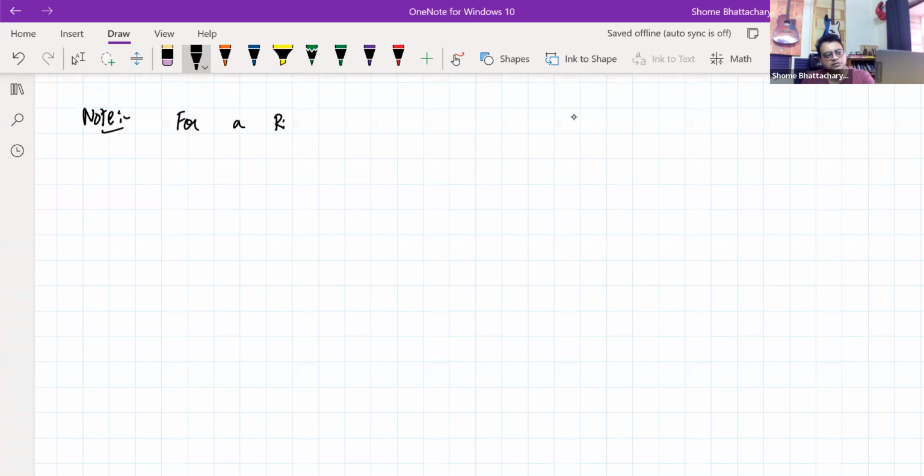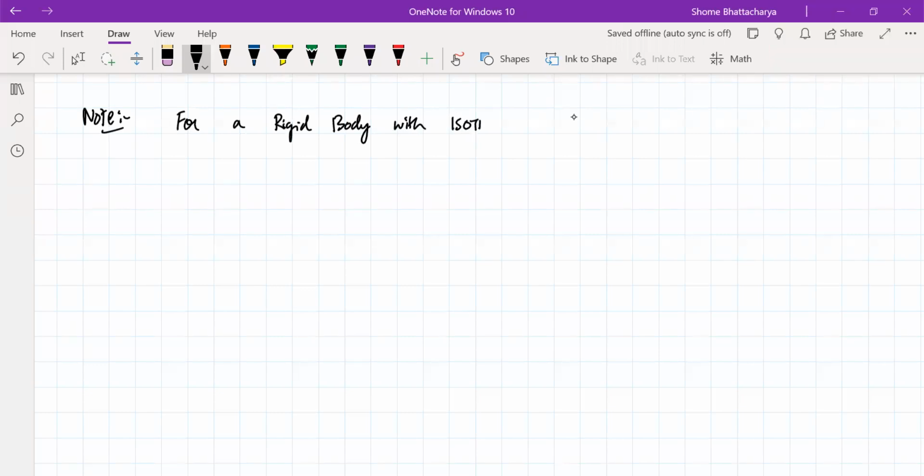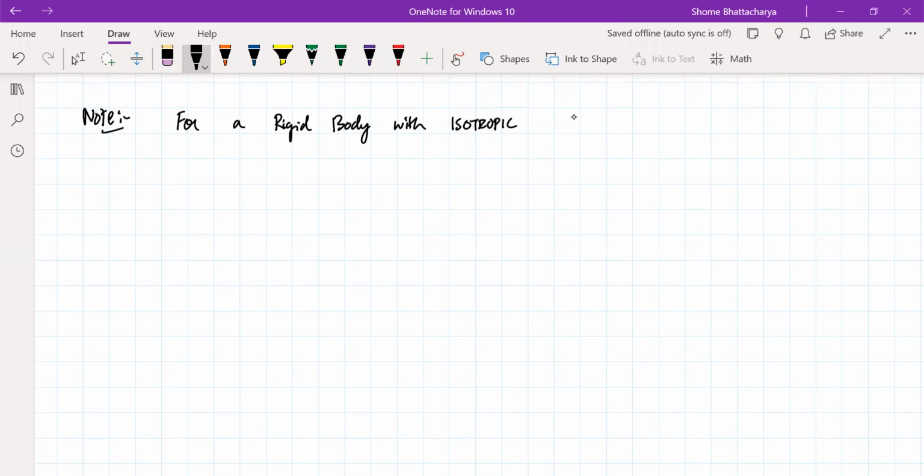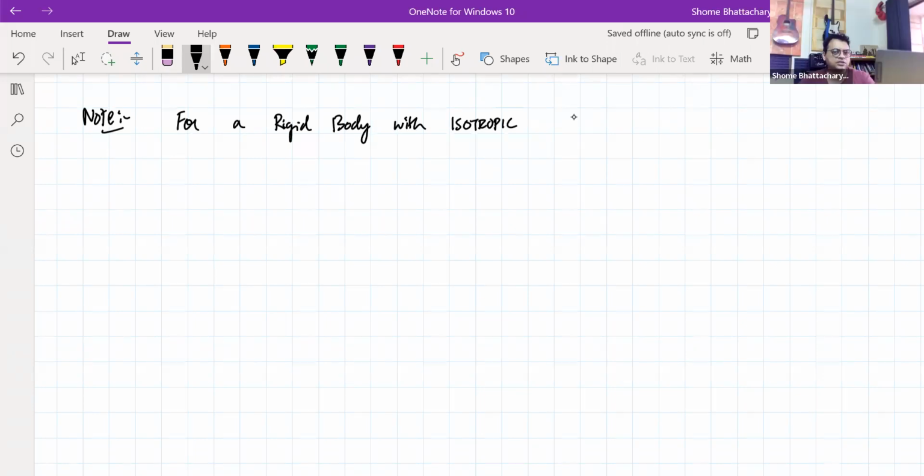What we discussed last time was identical particles. Like if we have equal mass particles forming a regular geometrical shape, then the center of mass is at the centroid of that shape. So this is a bit of an extension of that.